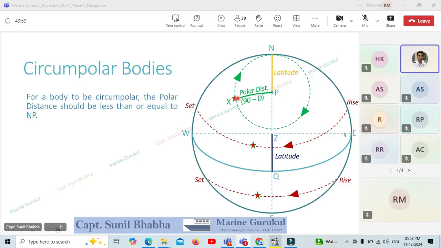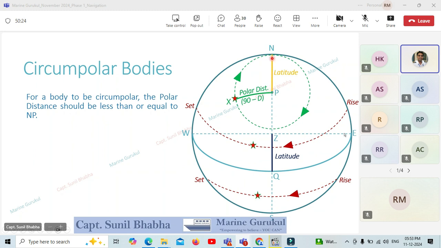Now we can clearly see in this diagram that for a body to be circumpolar, the polar distance of the body, which represents the radius of the declination circle, should always be less than or equal to NP.